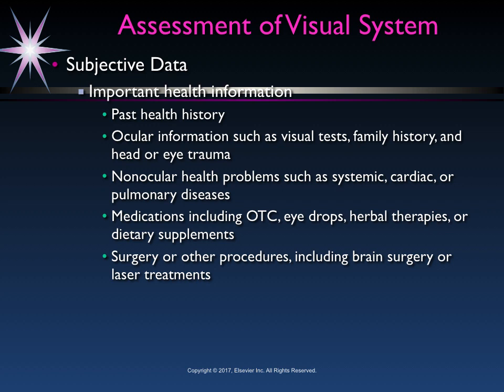So if you've got somebody with decreased blood pressure, it could exacerbate their asthma or give them more problems with their COPD. We want to look at past history visual tests, the date of their last exam, changes in their prescriptions, and if there's been any head or eye trauma during that time period between those exams.